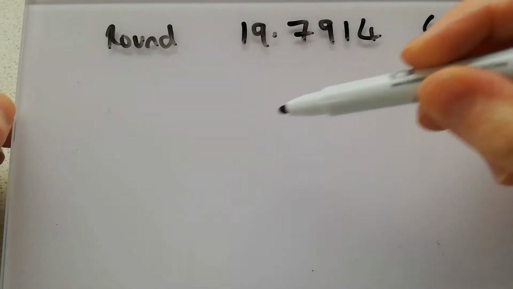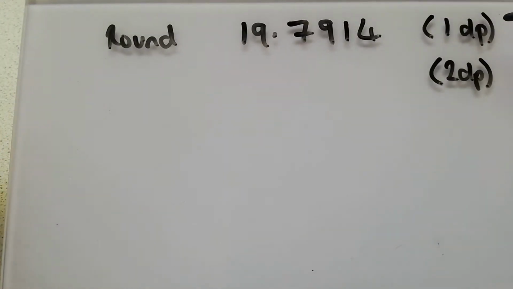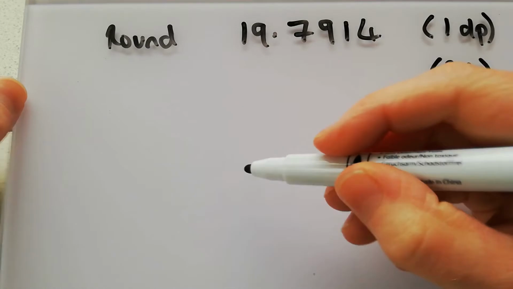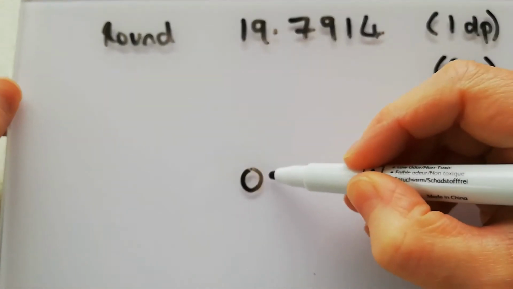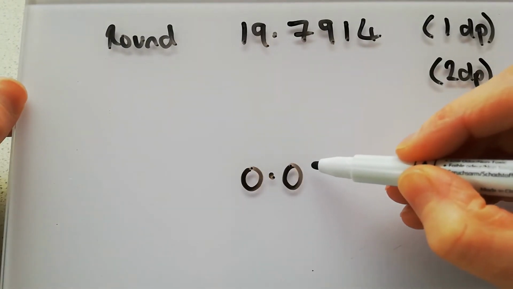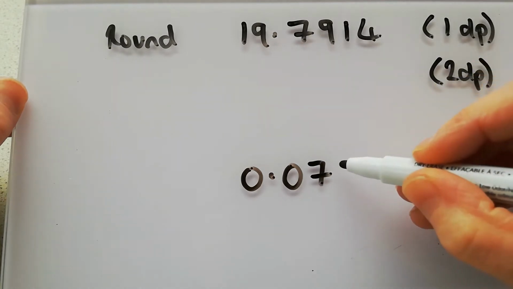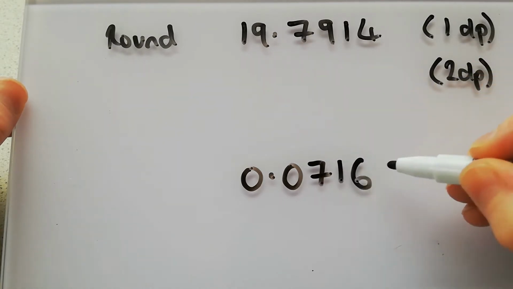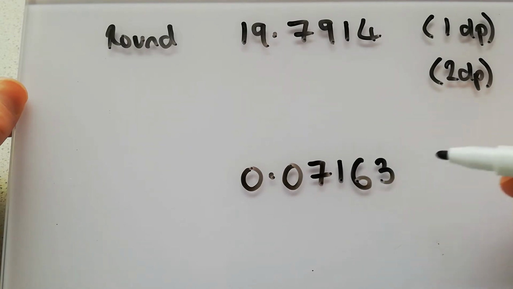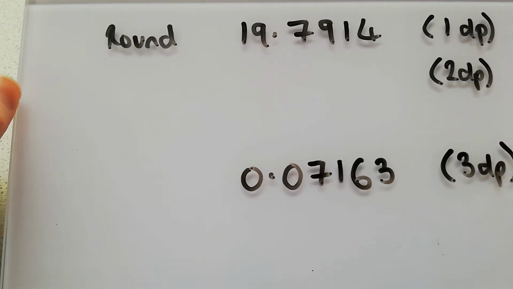So you're going to have 2 separate answers, one for when you've rounded it to 1 decimal place and another for when you've rounded it to 2 decimal places. And then if you round 0.0716, if you round that to 3 decimal places.